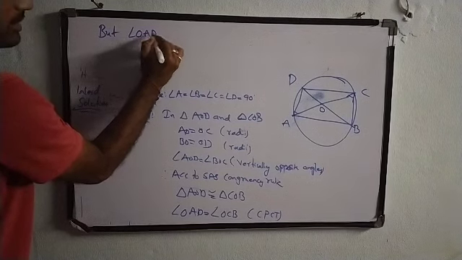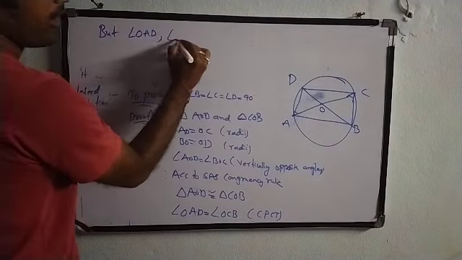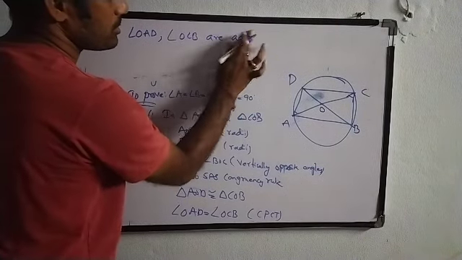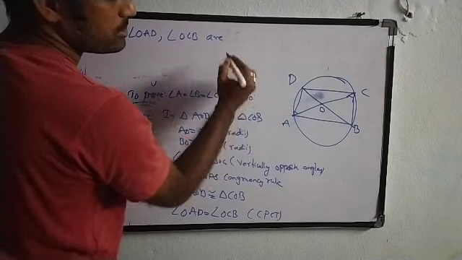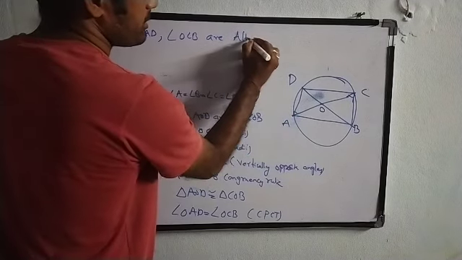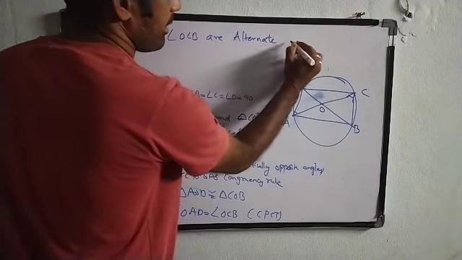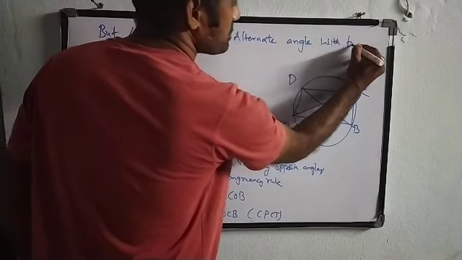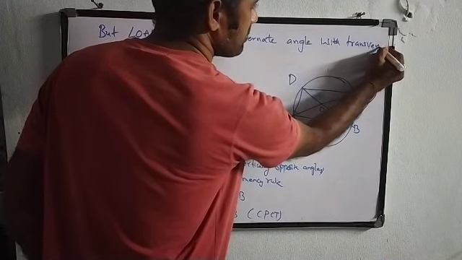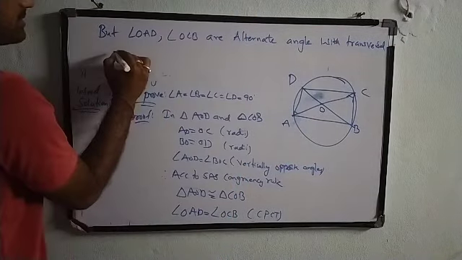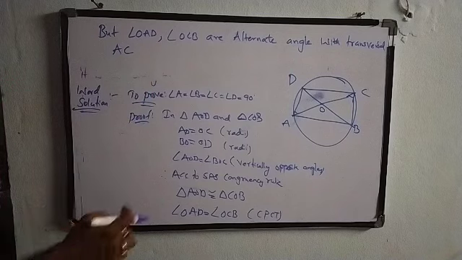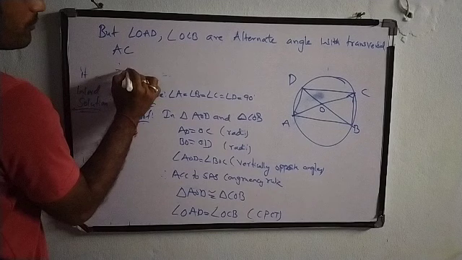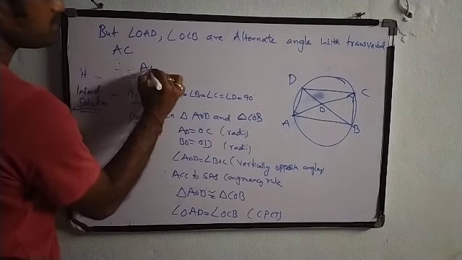But angle OAD and angle OCB are alternate angles with transversal AC. Therefore, we can say that AD is parallel to BC.